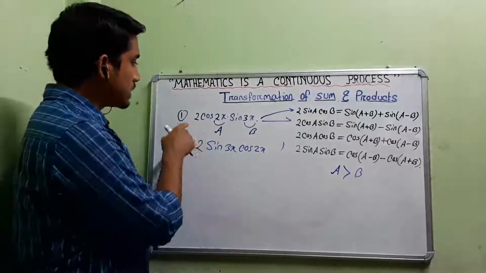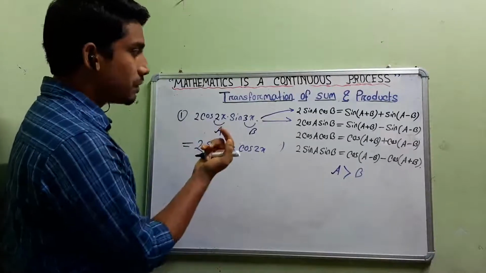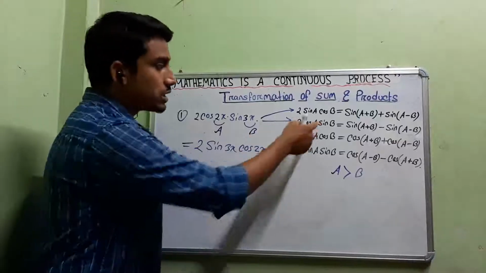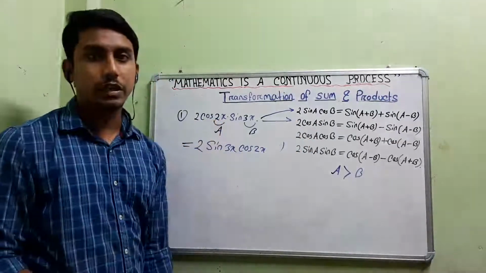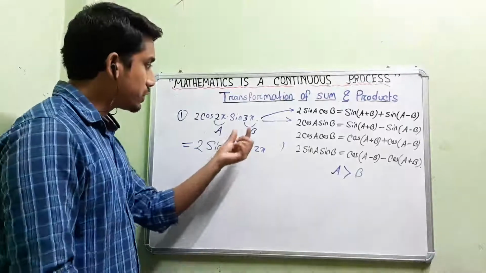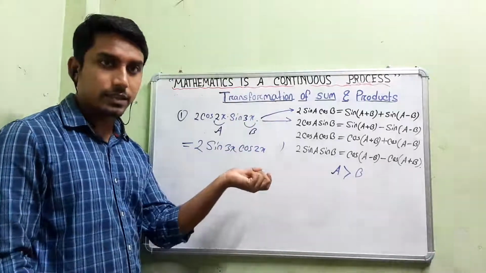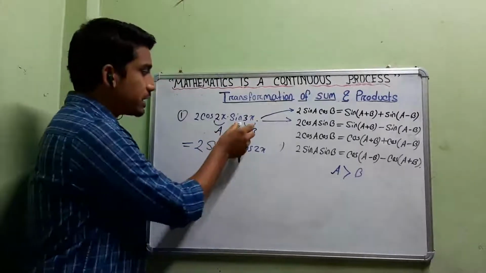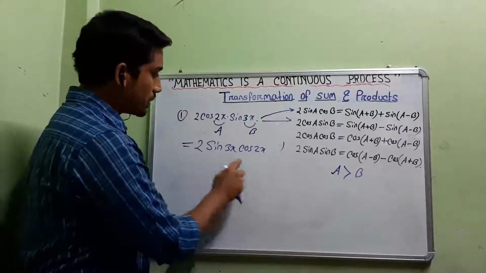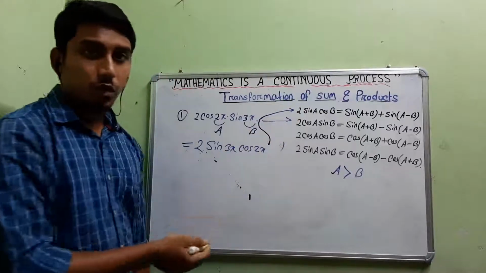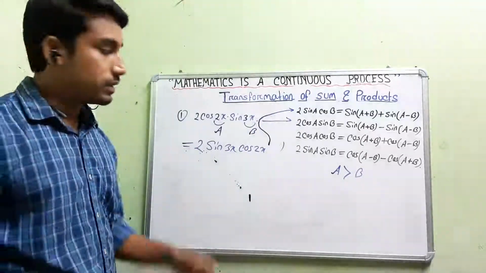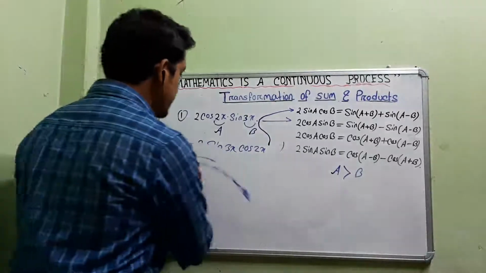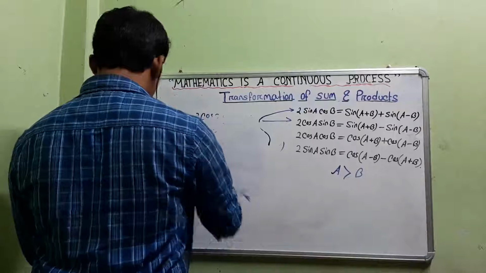Even if we can see that this is related to 2 cos A sin B, we will not use 2 cos A sin B, because here A is not greater than B. So here we can see that 3x is greater, so we will relate this with the first formula by rearranging: I have written this one first, then this one. Now this is directly matching with the first formula, so we will use the first formula. This is the way to solve. After this, let me take the second problem.